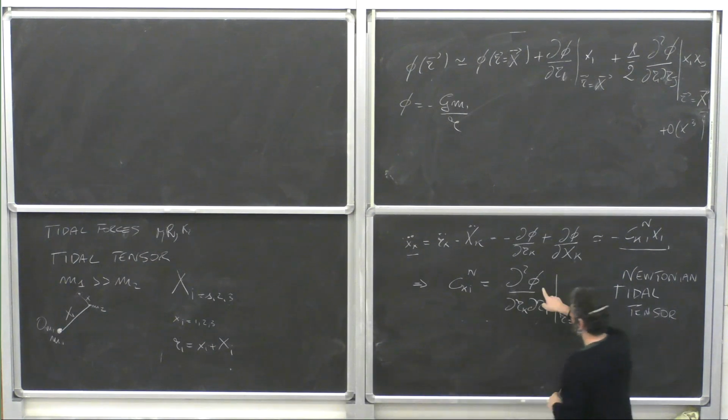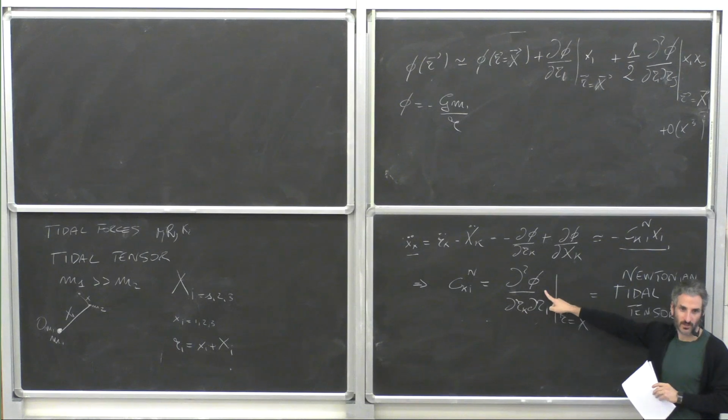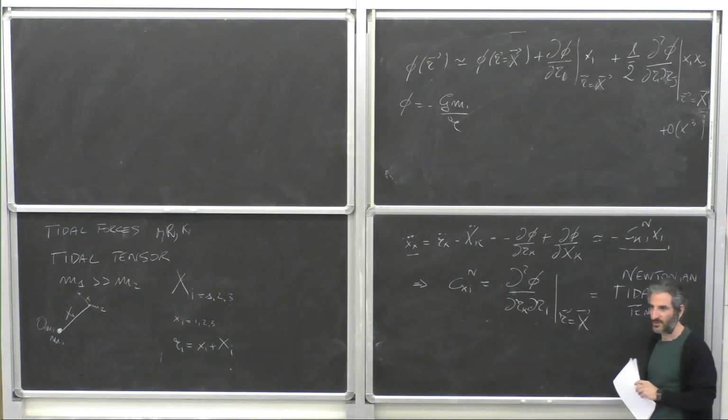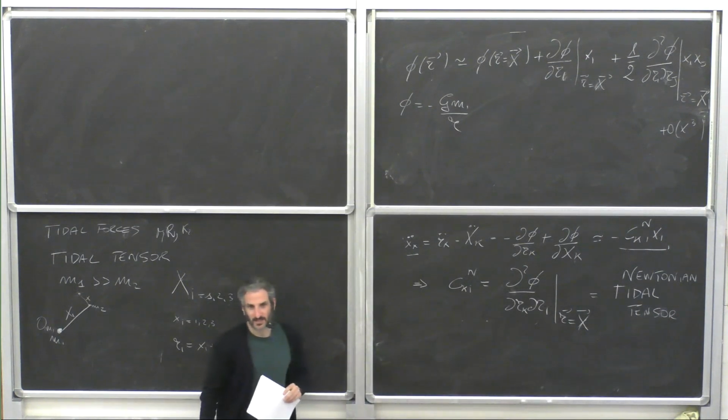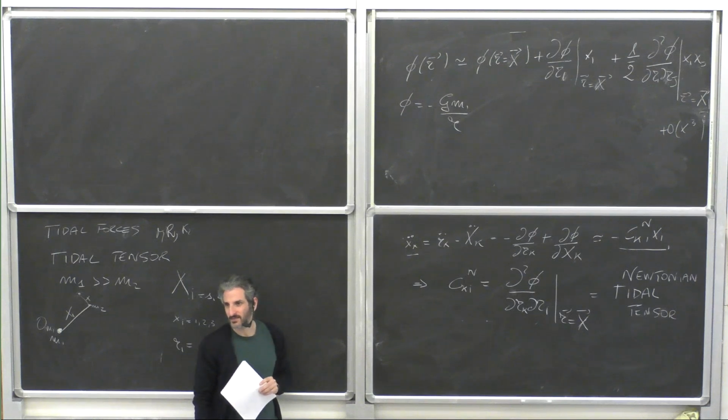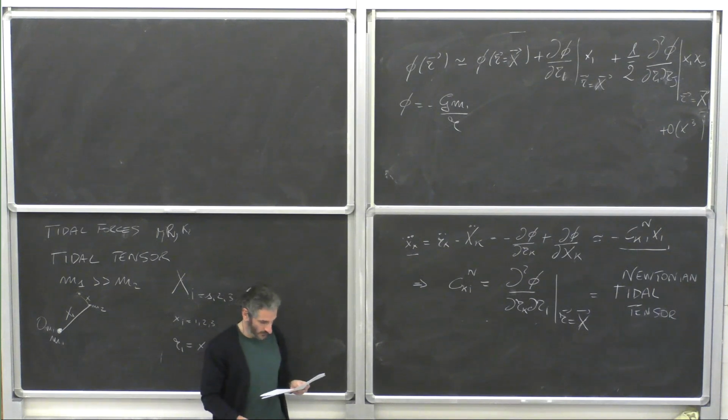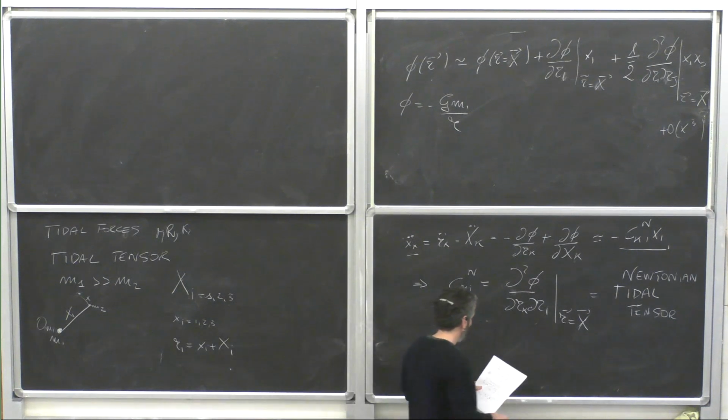And indeed, it's just given by the second derivative of the Newtonian potential. You can define something similar in relativity, a relativistic version of the tidal tensor, which involves the Riemann tensor and its contraction with the four-velocity, and so on.